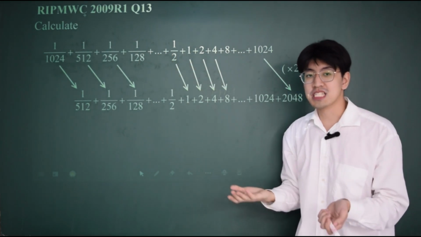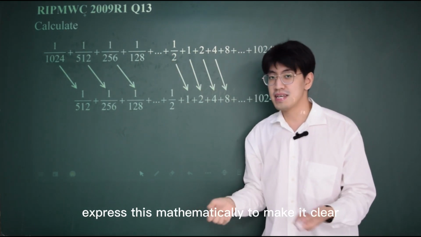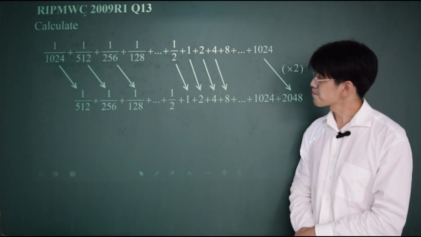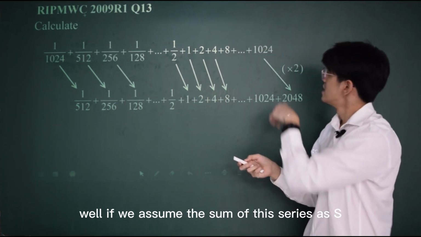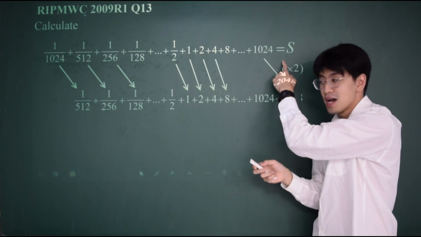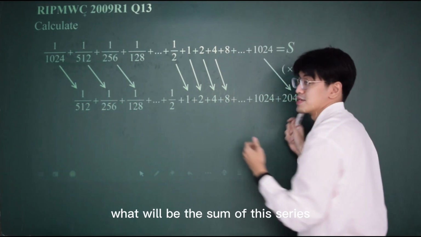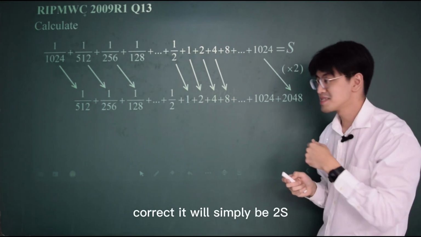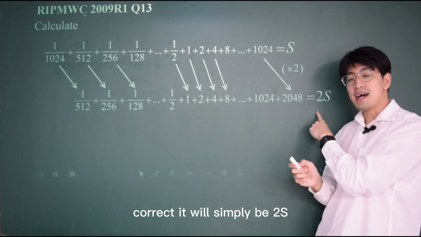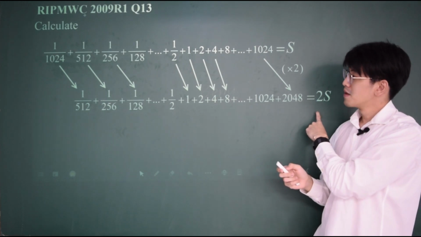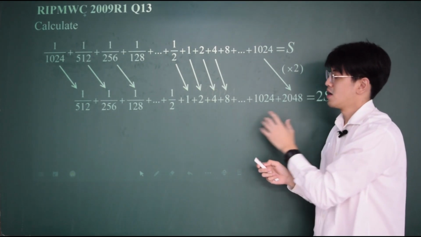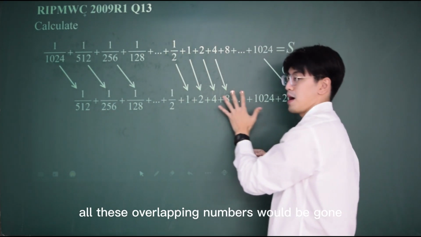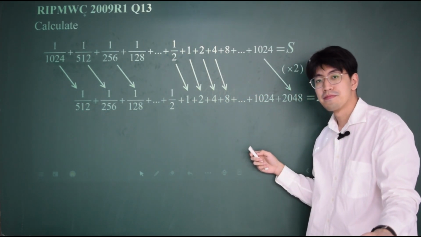So how do we express this mathematically to make it clear? Well, if we assume the sum of this series is S, what will be the sum of this series? Correct? It will simply be 2S. Now, if we subtract S from 2S, all these overlapping numbers would be gone.